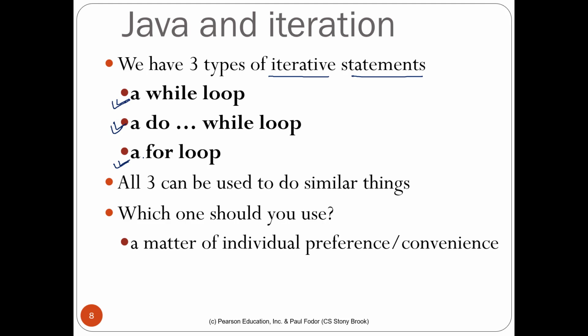All these three loops have a lot of similarity, and in most cases you can use one in place of the other. Like while loop and for loop are very similar. Sometimes it's a personal choice which loop to use.